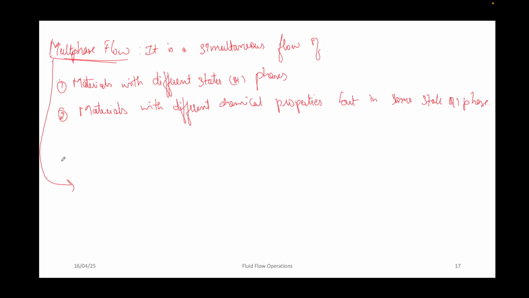Okay, so we have different types of multiphase flow, that is two-phase and three-phase.